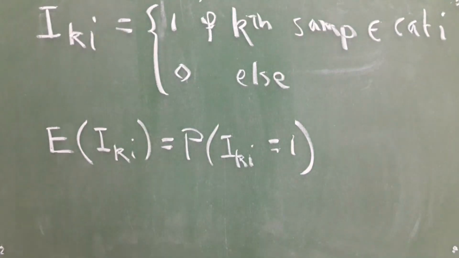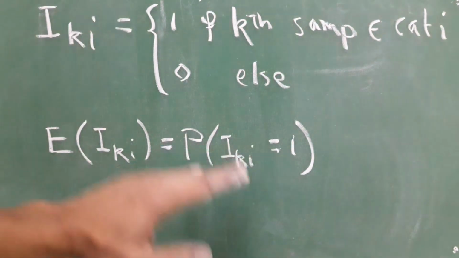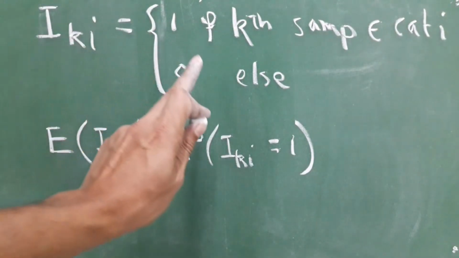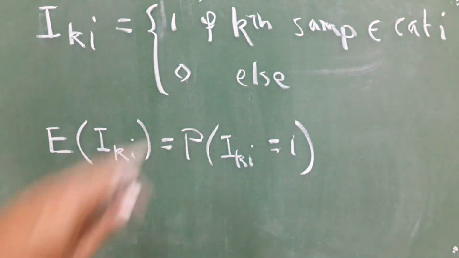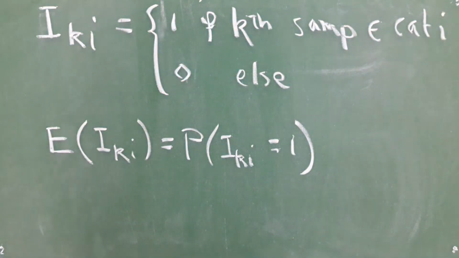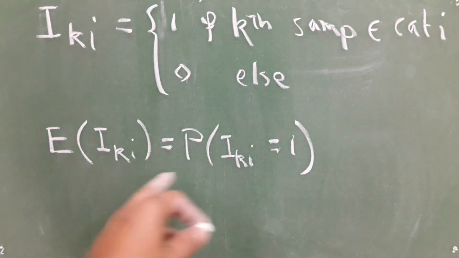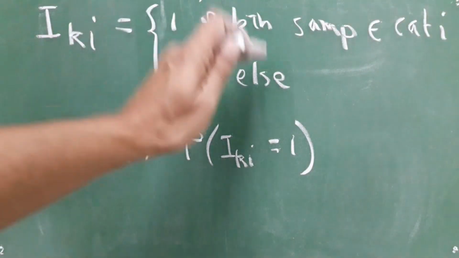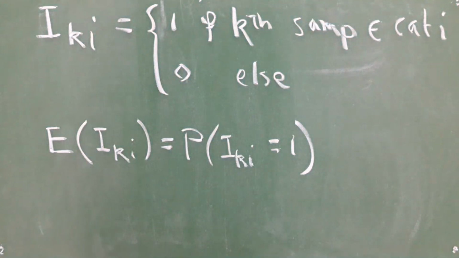In order to find the quantities, let's recall the definition of Iki. So expected value of Iki is simply the probability that it is 1, because it is 1 times this probability plus 0 times the other probability. Since if I multiply anything by 0, it will not contribute anything. So I am writing only this part. So what is the probability that the kth sample comes from the ith category?